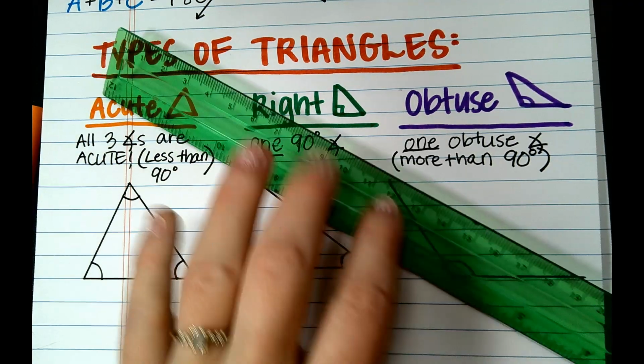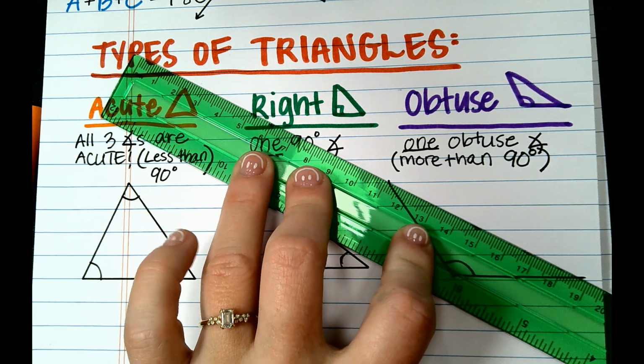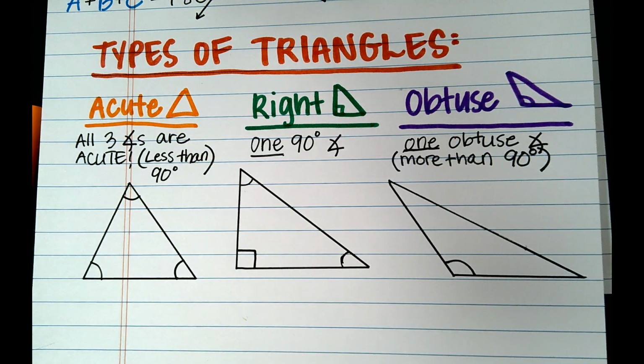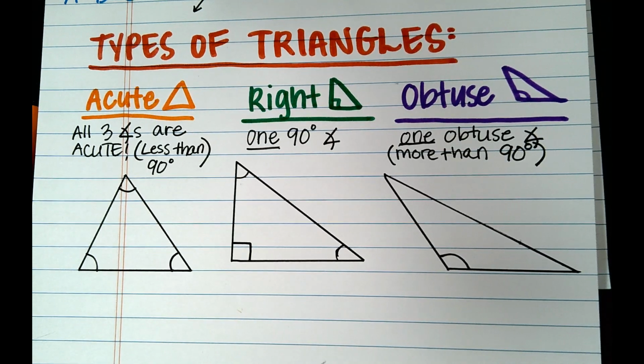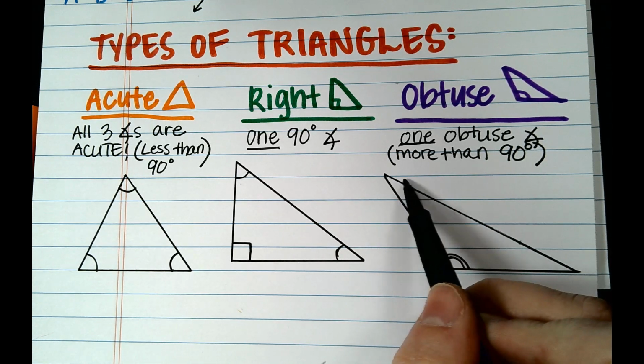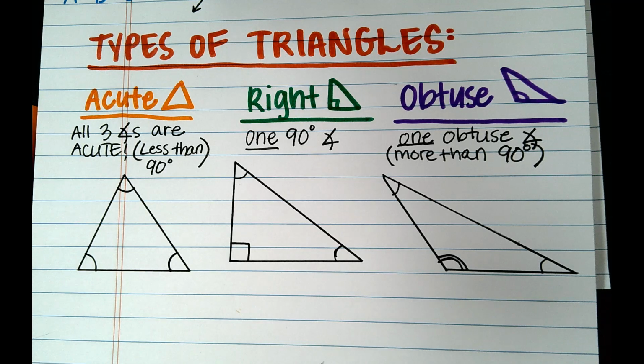Then I connect the ends of the lines to create the triangle. And there's one obtuse angle, and the other two have to be acute.